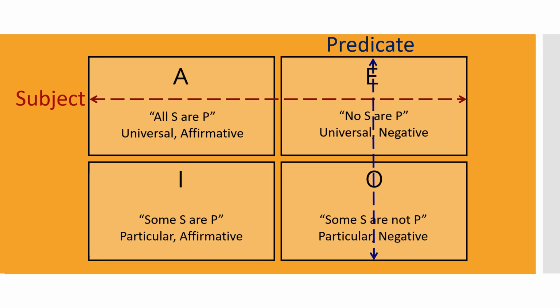So if we look at the four possible categorical propositions, the universal claims, the A claim and the E claim, always distribute the subject term. And the negative claims, my E claim and my O claim, distribute the predicate. Again, for the most part, all you need to do is memorize what is and what is not distributed based on each distinct quantifier.